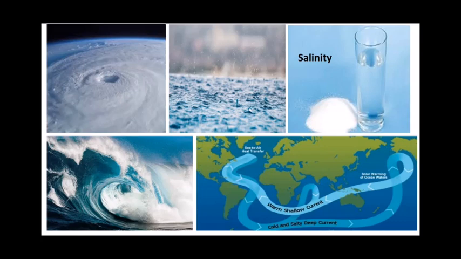Ocean currents also have a similar effect on the temperature of the sea water. You all know, right? The warm ocean currents and the cold ocean currents. They also affect the temperature of the sea water. In regions where cold ocean currents flow, you can see that in the picture, near the polar regions we have cold ocean currents.